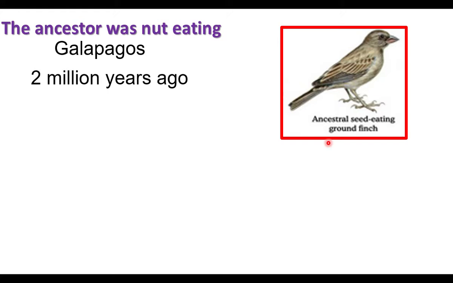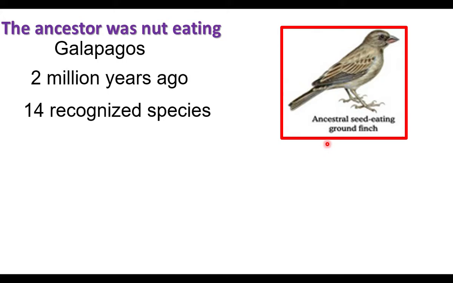When Darwin visited the island, he found 14 different kinds of finch species. They differ in their length, size, and their song, that is the sound production.